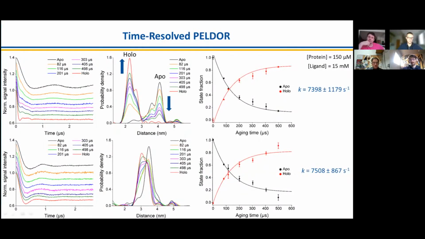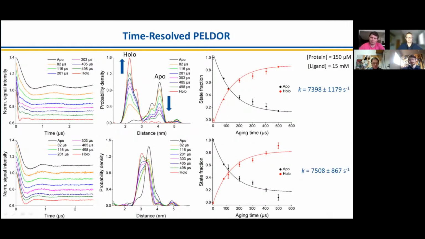Yes, of course, we also did that, especially for this construct. It works quite nicely. We have apo and holo well separated. You can indeed integrate it, and the result is the same as we got from the deconvolution. For this construct, I would say deconvolution is the only way to really get the percentages of apo and holo, because integration is actually impossible with those overlapping distance distributions.